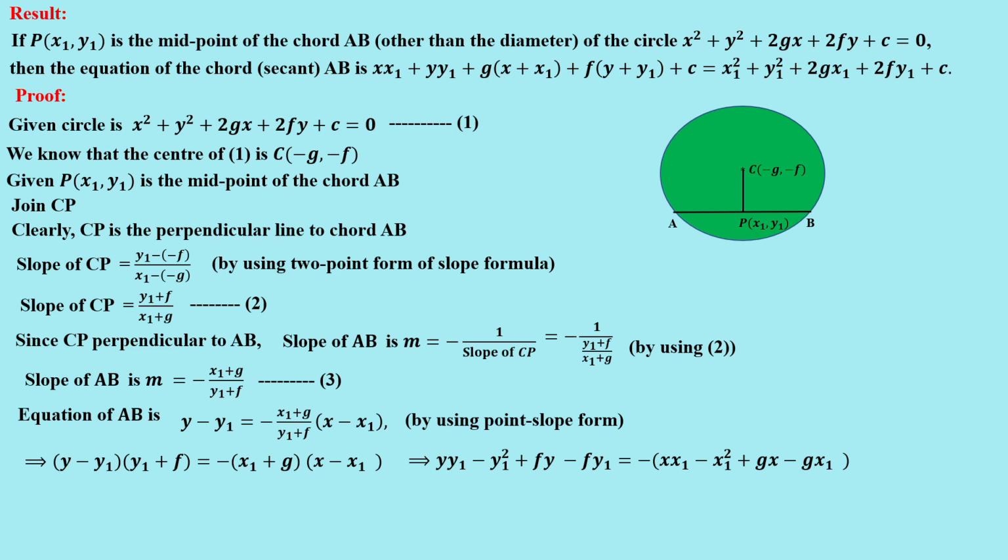So expanding this, y·y1 - y1² + fy - fy1 = -(x·x1 - x1² + gx - gx1).